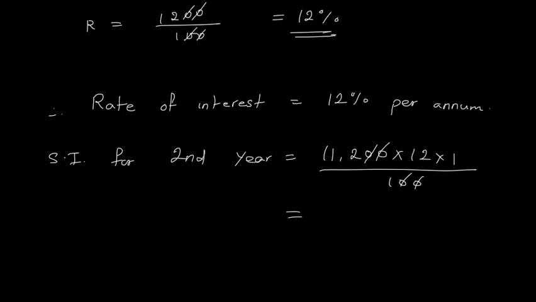Now 12 times 2 is 24, 12 times 1 is 12, 12 plus 2 is 14, 1 carry, 12 plus 1 is 13. So 1344. Simple interest for second year is rupees 1,344.